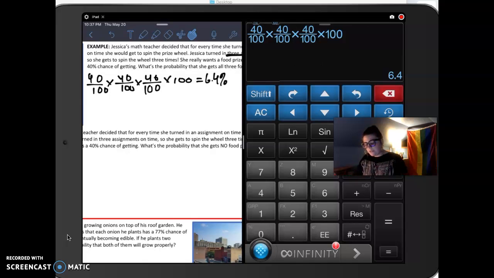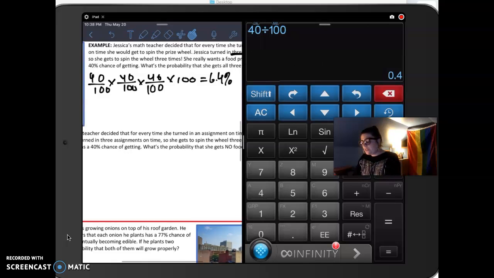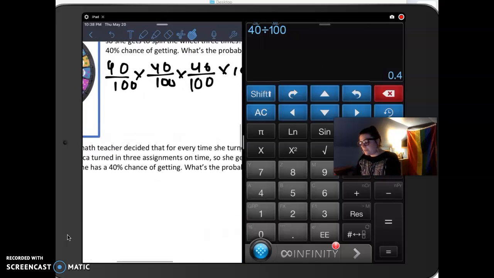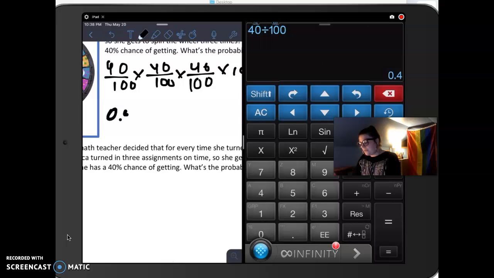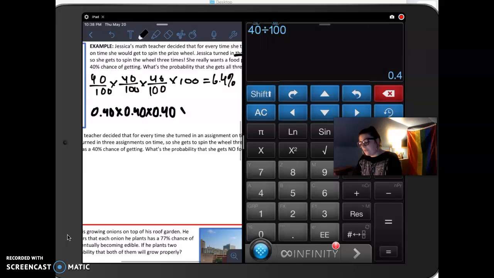40 out of 100, so if we do 40 divided by 100, it's 0.4. So another way to think about that is 40% is 0.40. So essentially, I just turned the percent into a decimal.